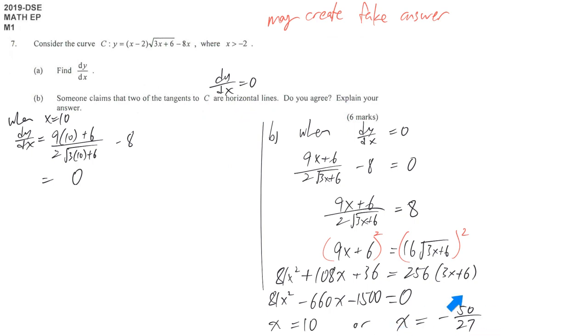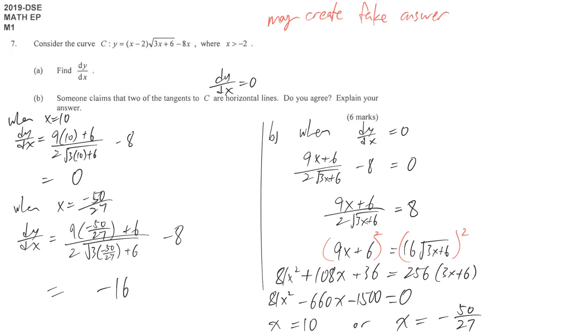Now we have to consider another point. When x is equal to -50/27, dy/dx is equal to 9 times... We get -16, which is not equal to 0.